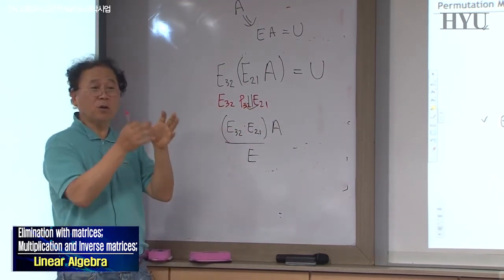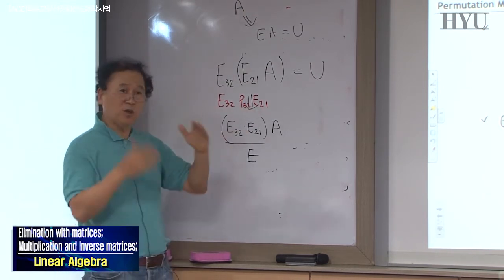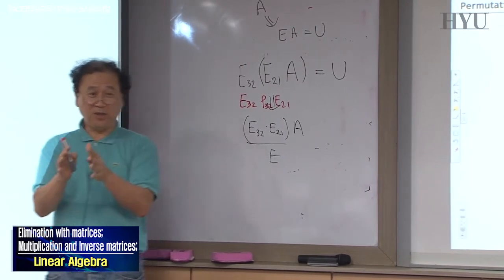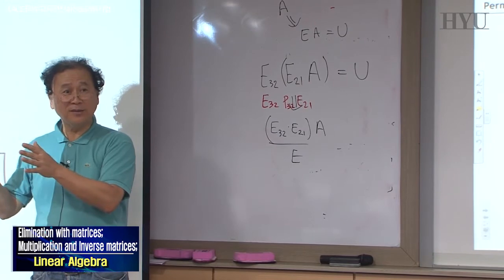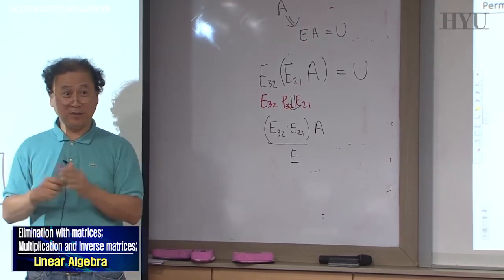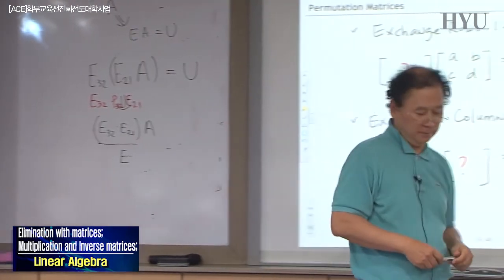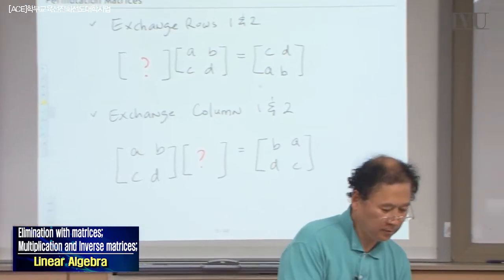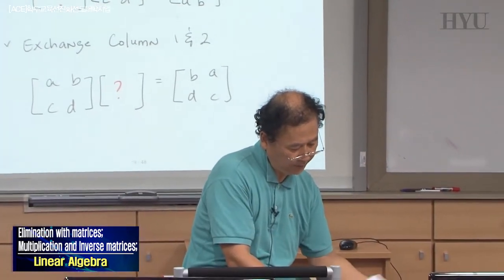So all of the operations we have in Gauss elimination, you can represent as a multiplication of either elimination matrices or permutation matrices. When you multiply all of them one by one, that's the whole elimination matrix. Okay, what else do we have here?